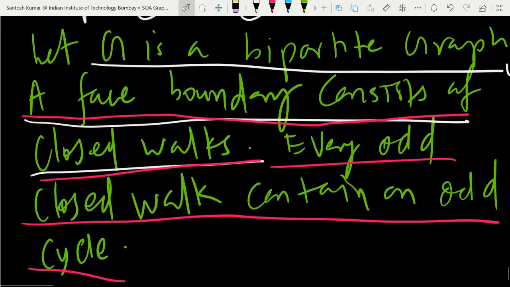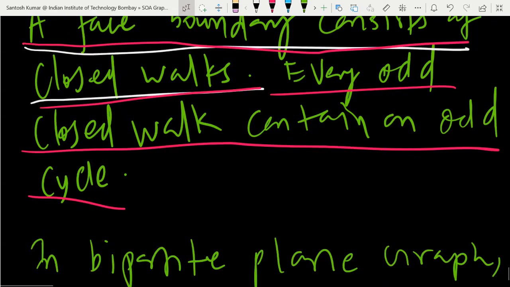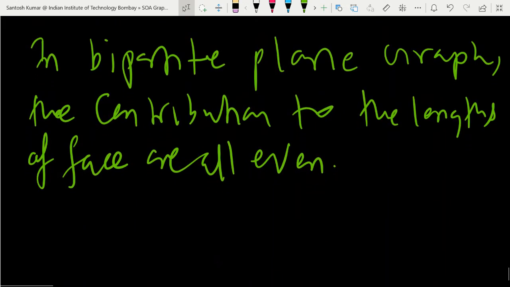So why did we give this statement: every odd closed walk contains an odd cycle, and an even closed walk will contain an even cycle? That's what we wanted to prove.